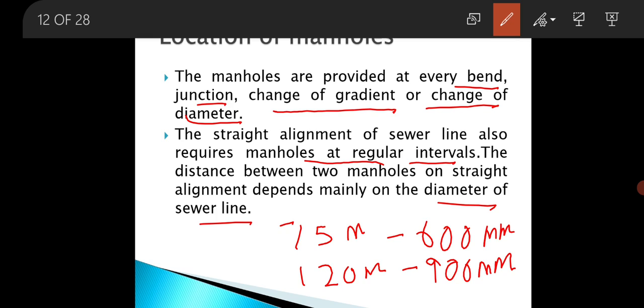And for diameter of sewer up to 1200 mm, the distance is about 150 meter, and if the diameter of the sewer is 1500 mm, then the distance will be 250 meter, and so on.